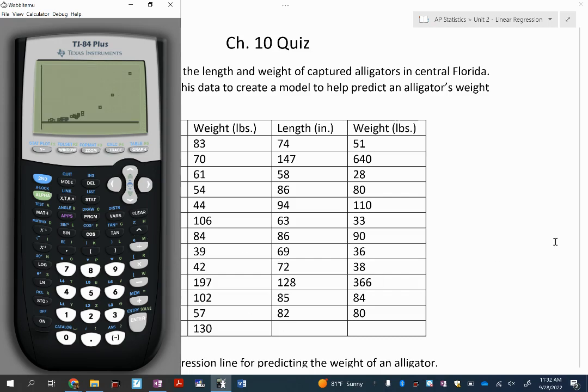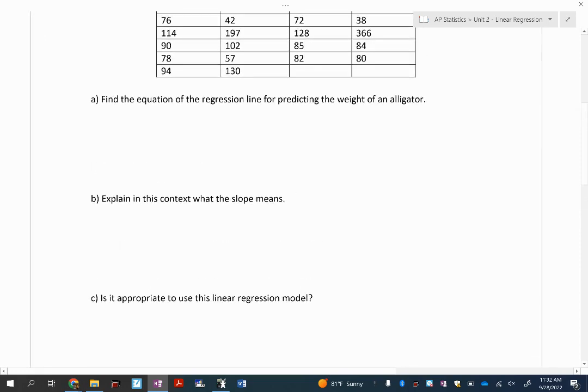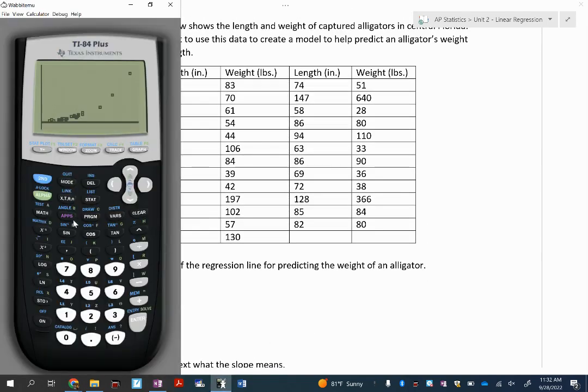All right, and so it says right here, find the equation. So I'm going to go ahead and find the equation right now because it's asking me to do it just to get practice with it. So hit stat calc number 8.